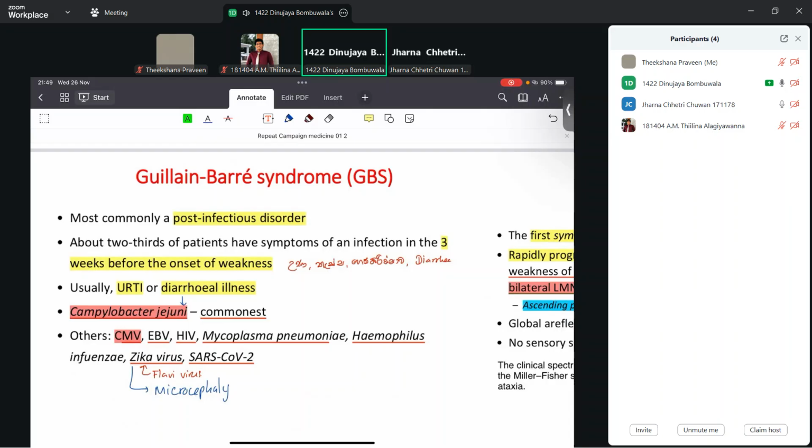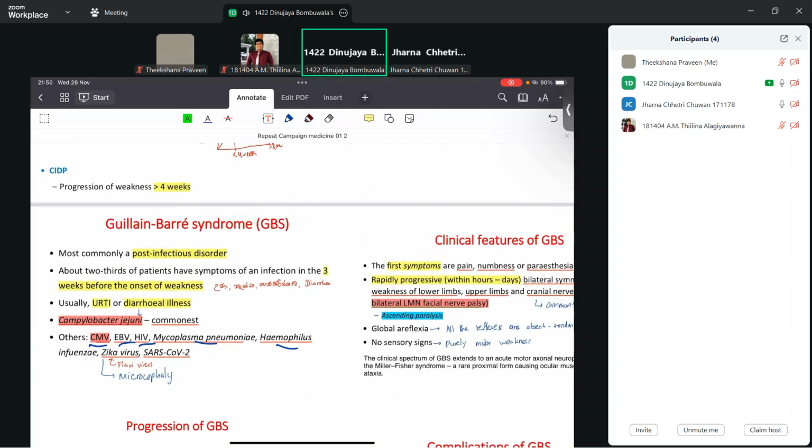It occurs commonly after a respiratory tract infection or a diarrheal illness. For diarrheal illness, Campylobacter is the commonest. Other etiological factors include CMV, EBV, HIV, mycoplasma, and hemophilus, which can also cause post-infectious GBS. So this one is important.